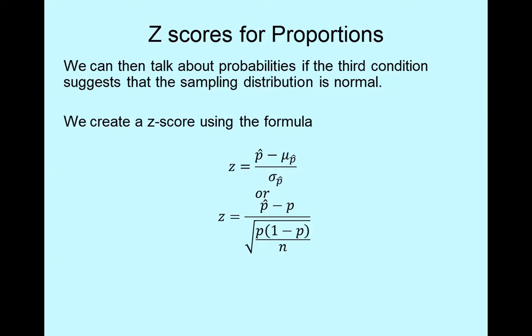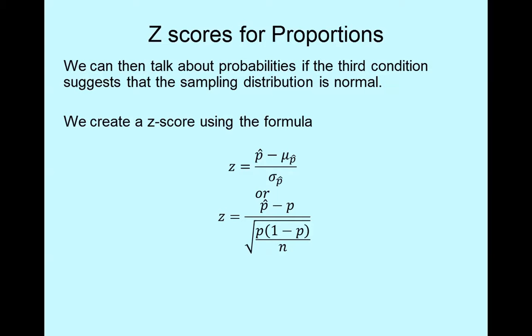Now, if we know that last condition holds, and mainly what we're going to focus on is n times p and n times 1 minus p, or n times q, being at least 10, those are the main conditions, then we have a normal distribution where we know the mean and we know the standard deviation, so we can create z-scores.